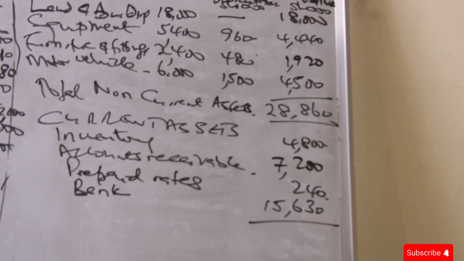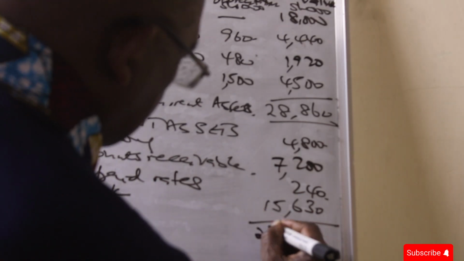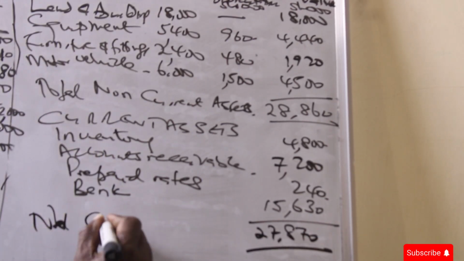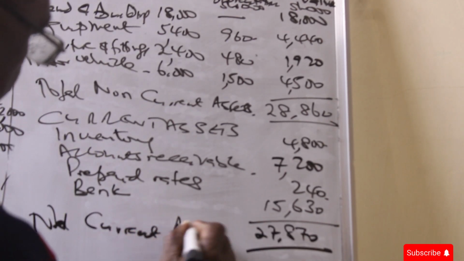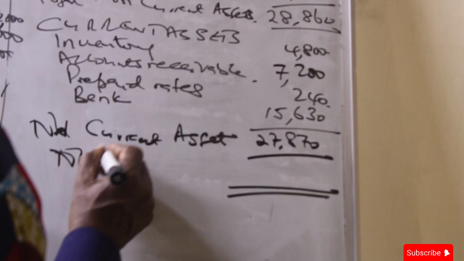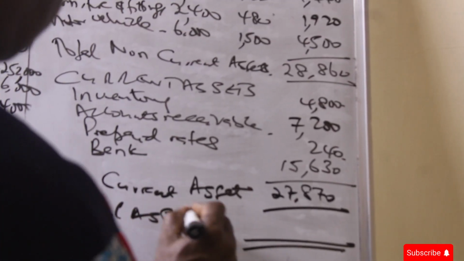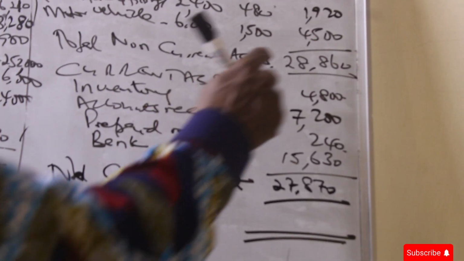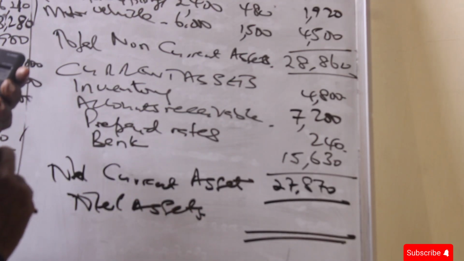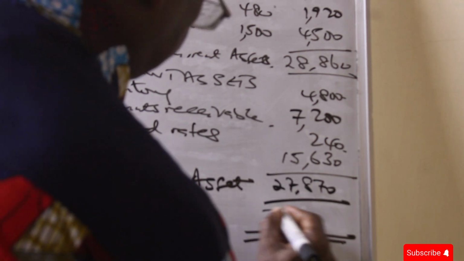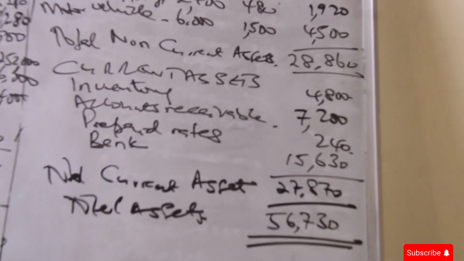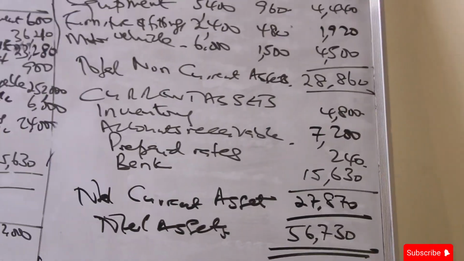We get 27,870, which is total current assets. And then we say total assets: total current assets plus total non-current assets, 27,870 plus 28,860. We get 56,730 as our total assets.